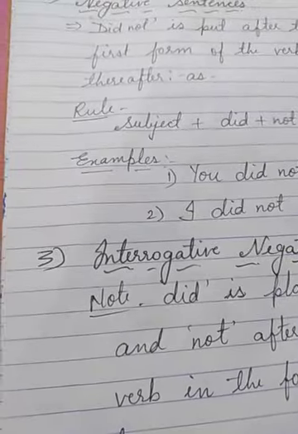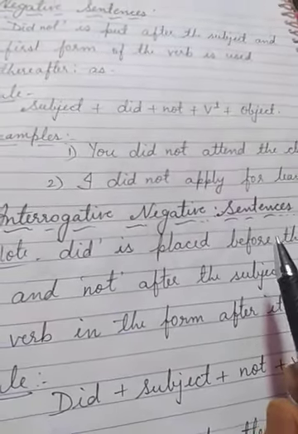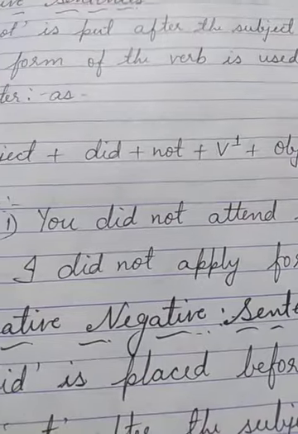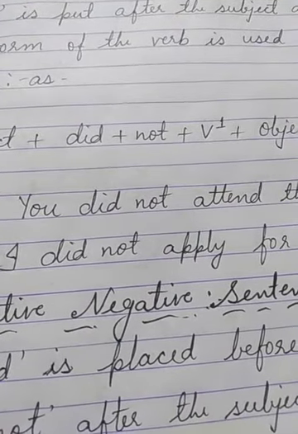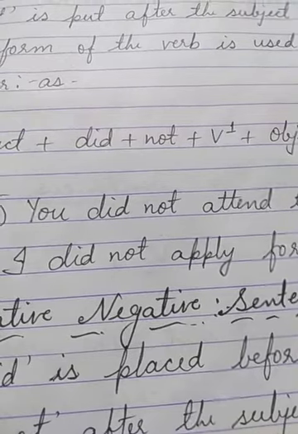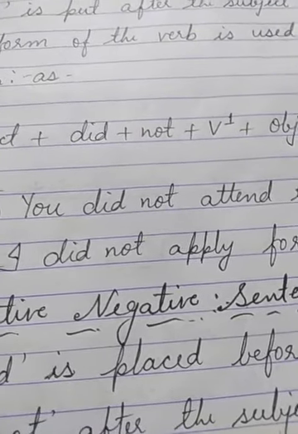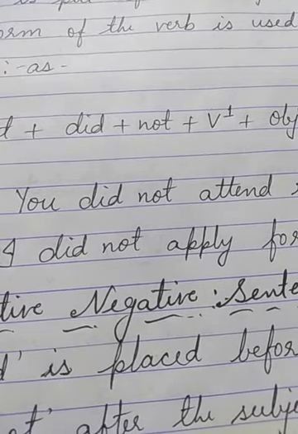Now next is interrogative sentences. In the previous class I discussed what interrogative sentences are. Interrogative sentences are sentences which ask questions and end with a question mark. Same thing here.